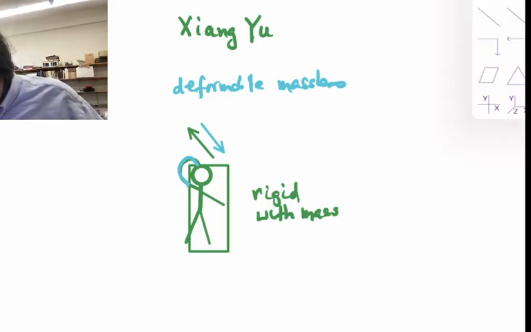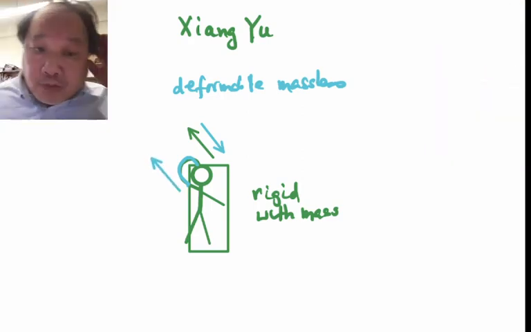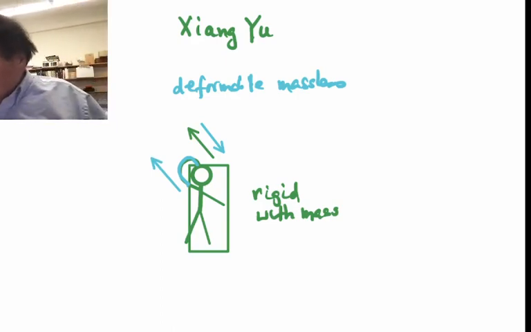I'll put it here. So these two aqua forces are on the arm and cancel each other out. And then by Newton's third law, there must be a force on the rigid part, the rest of the body, in the opposite direction. I'll show it here.